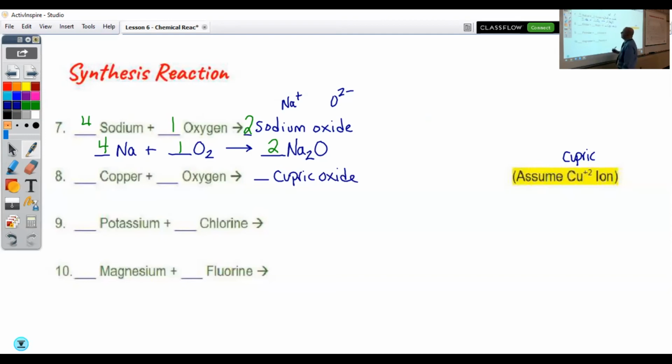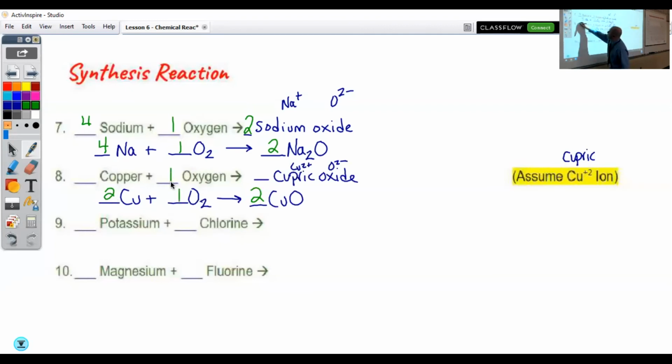And in this case, we have Cu plus O2 going to form, if it's a positive 2, Cu is 2 positive, O is 2 negative. So we get CuO as our product. Balancing this, I have 2 oxygens, so I need to put a 2 in front of cupric oxide and copper. We'll just copy these numbers into our word equation.